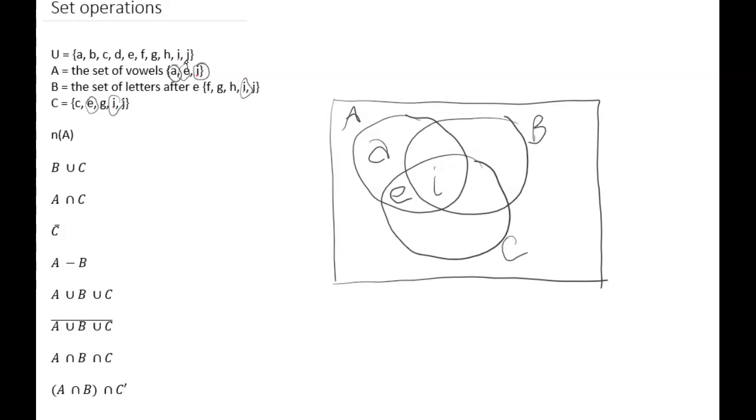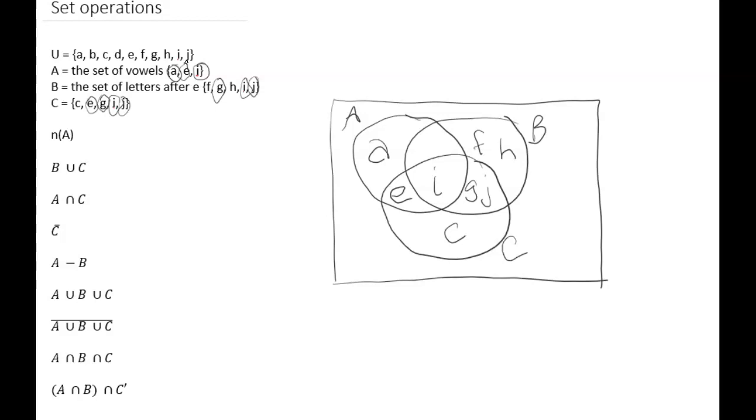In B and C both, I have G and J on both lists, so let's put those in the intersection of B and C. Left over in B, I have F and H. And left over in C, I have C. If I count those up, though, that's only 8 letters, and I need to have 10 because there's 10 letters in my universe.